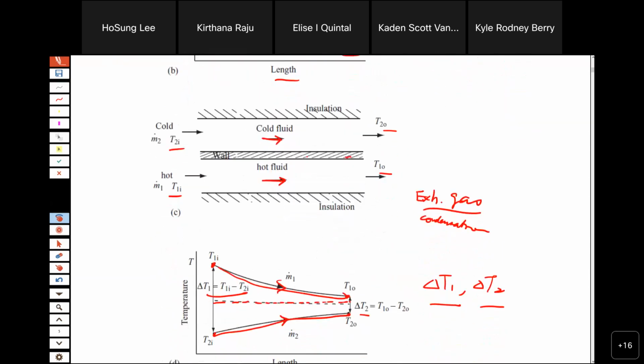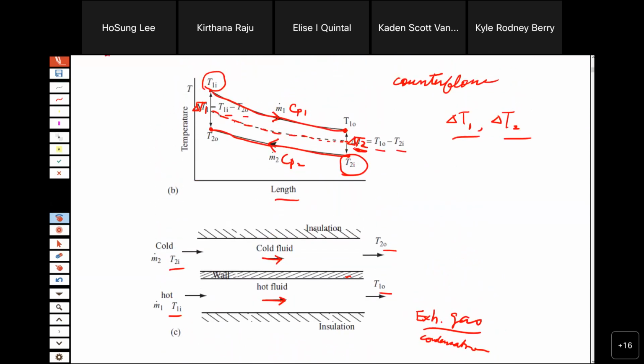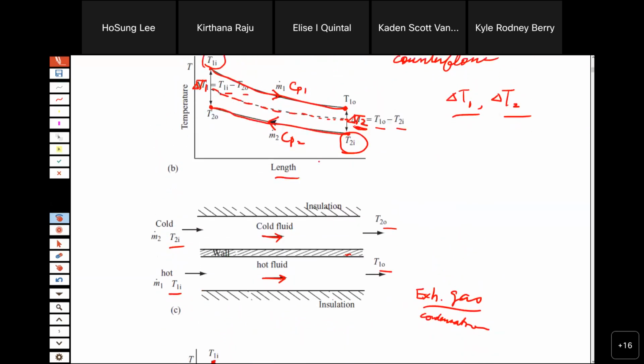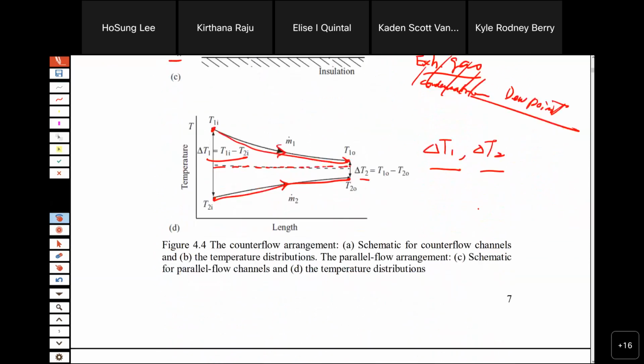In that case, maybe we need the wall temperature. Otherwise, we don't need it. This is a very special case. I mean, the dew point matters sometimes.